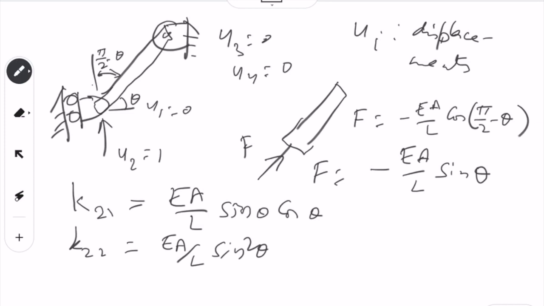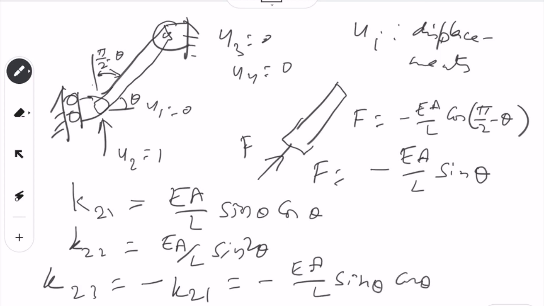Okay, now in this direction we will have K23, which should be the opposite of K21. So we can write K23 is equal to minus K21, which is equal to minus EA over L sin theta cos theta.